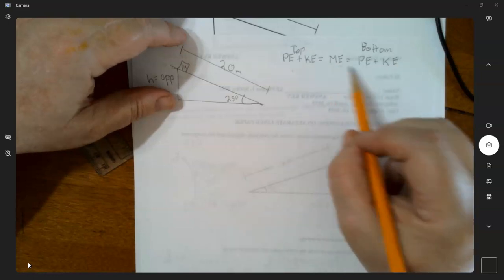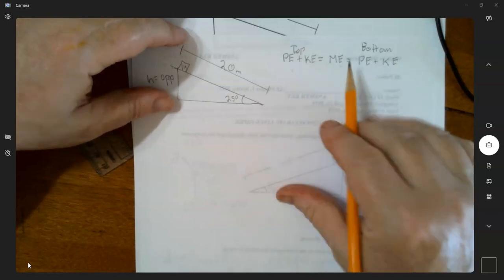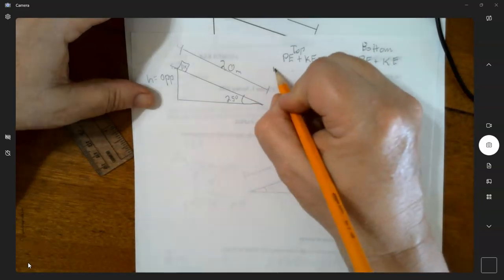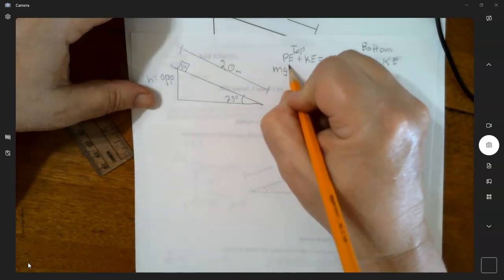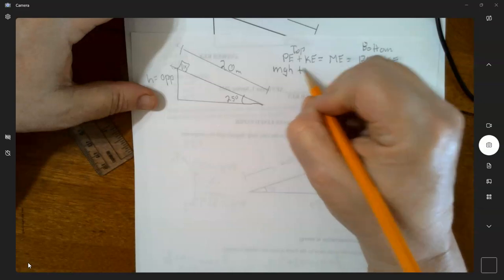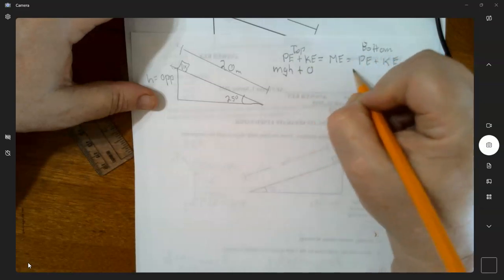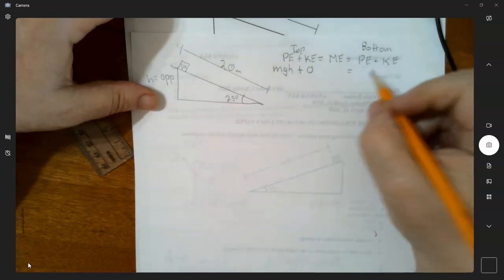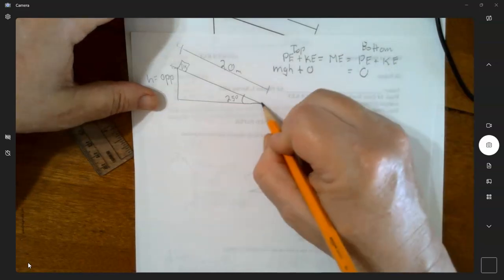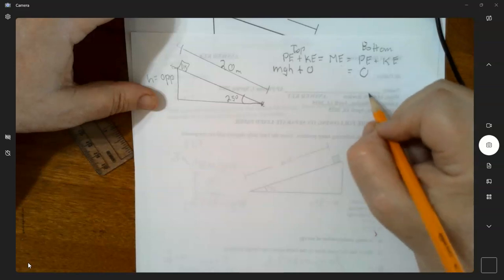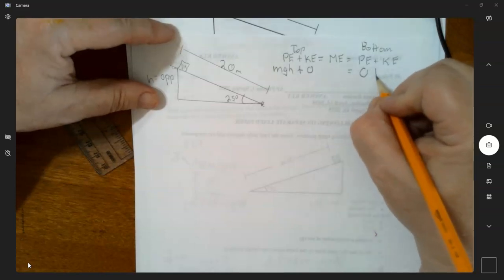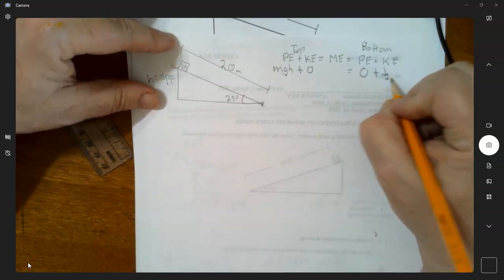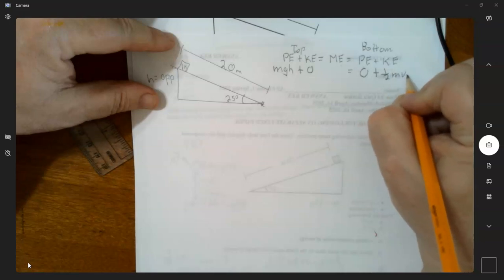That's going to equal the mechanical energy at the bottom, PE plus KE. So at the top, it's mgh plus 0. There's no motion initially. That's going to equal PE at the bottom, which is going to be 0, because when it gets here, there's no height. So that's going to be 0 plus 1/2 m V final squared.